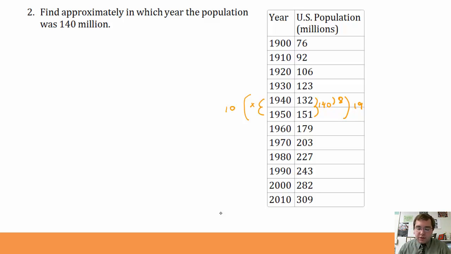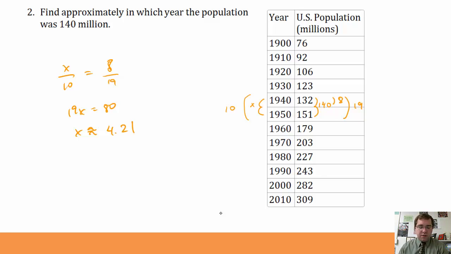So I'm going to set up my proportion the same way. Small gap over big gap, X over 10 equals small gap, 8 over big gap, 19. Cross multiply: 19x equals 80. X equals 80 divided by 19, which is approximately, because this is a rational number but a long decimal, 4.21.